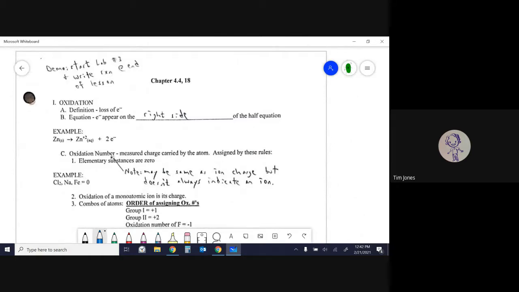I have a note here to talk about lab number 3. This is lab number 3 from last year. And it had to do where you took a beaker and in it you put a solution of copper 2 chloride, dissolved it in water, or you dissolve the solid in water to make the solution, and then you put 2 nails in it.